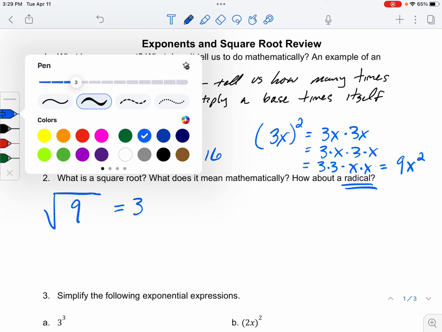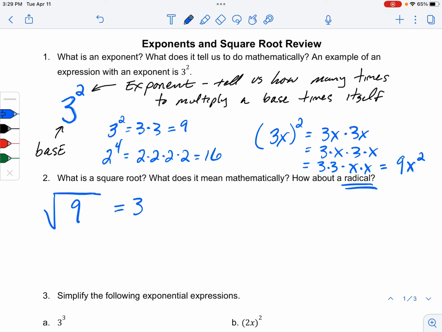And what square root really means is, well, I always think of it as a question. So when I see, for example, the square root of 9, I think to myself, what number times itself is equal to 9? And it's going to be really helpful if you can remember these nice perfect squares, as we call them.